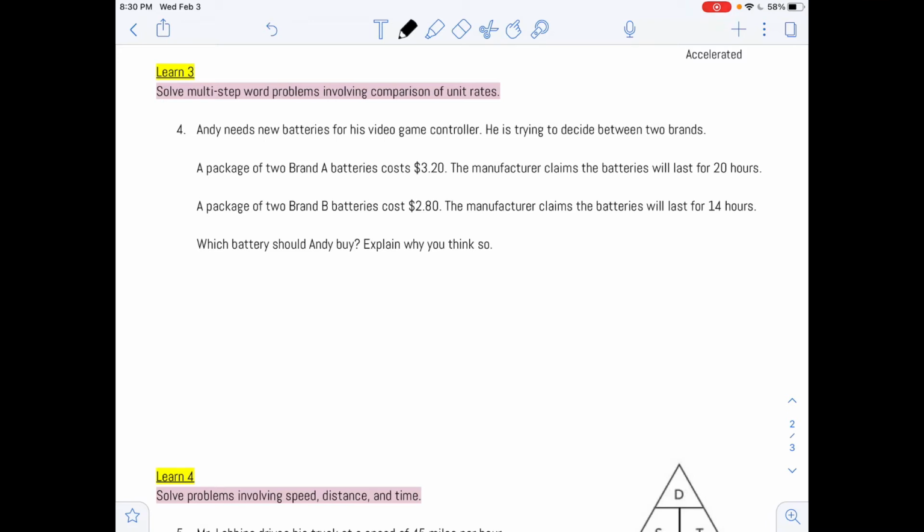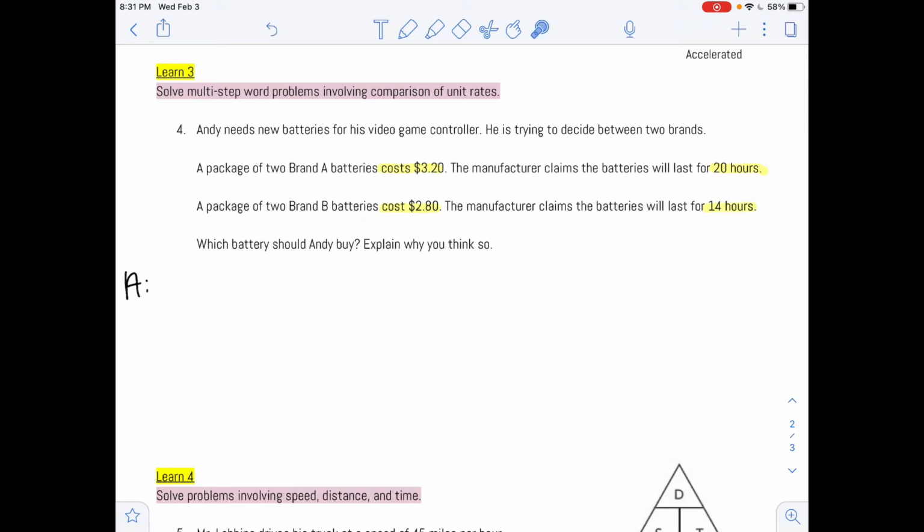The manufacturer claims that the batteries will last 20 hours. So for brand A, we know it costs $3.20 and it's going to last for 20 hours. A package of 2 brand B batteries costs $2.80, and this manufacturer claims that the batteries will last 14 hours.